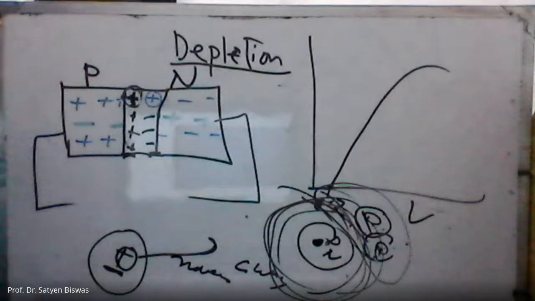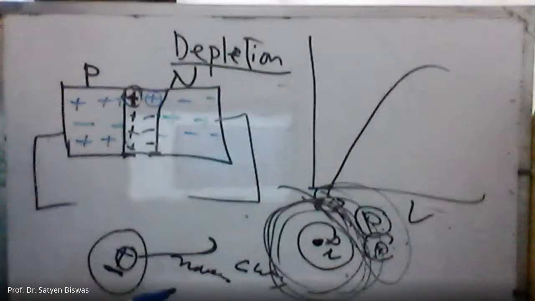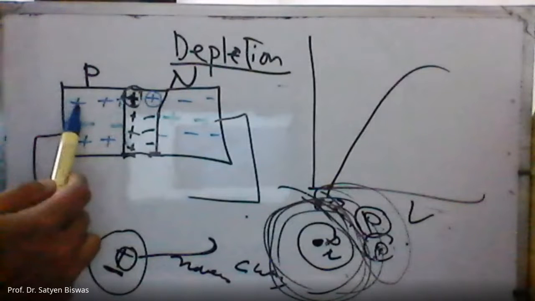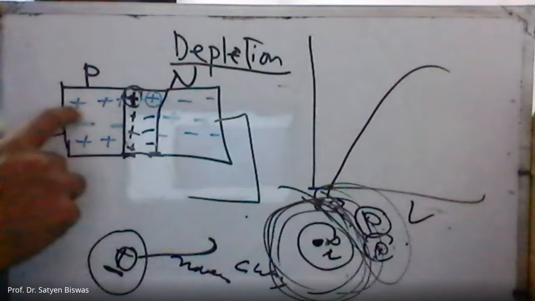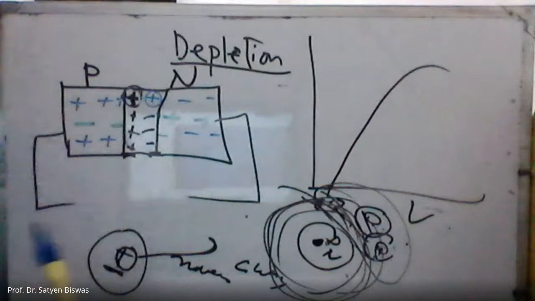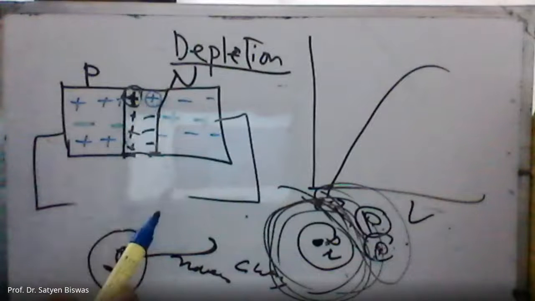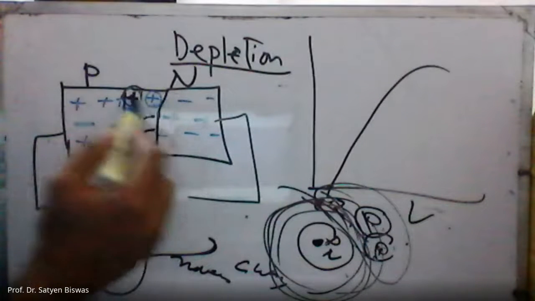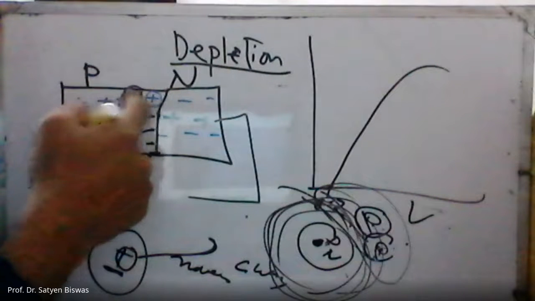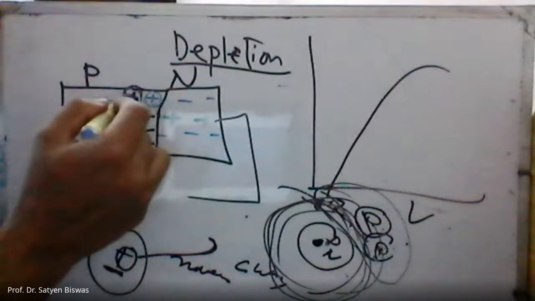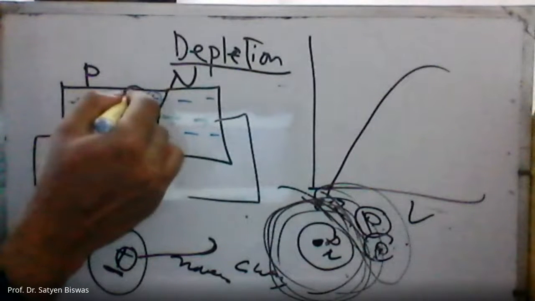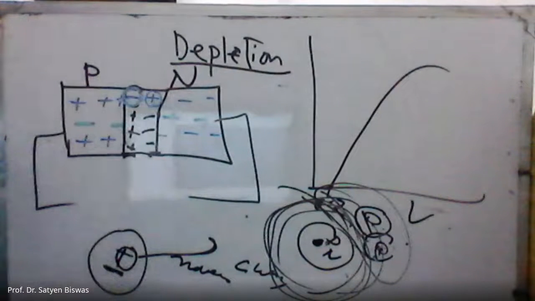Because this is an ion, not a free carrier, this is different from this one. These are the free holes, because these holes have enough energy to move, but this one has no energy to move. This is called an ion. This extra electron went to the left side and added with this one, and then that one turned into a negative ion. That one also has not enough energy to move.